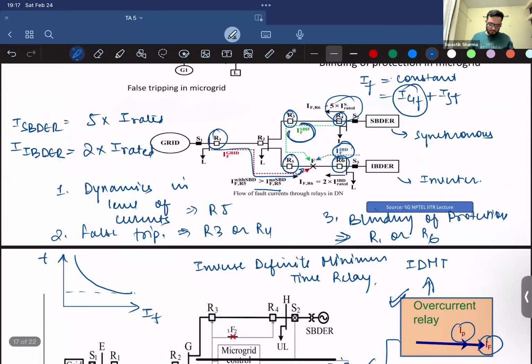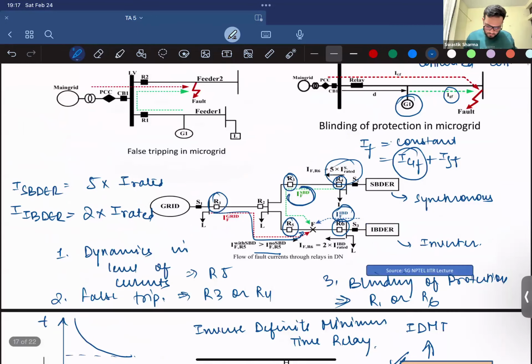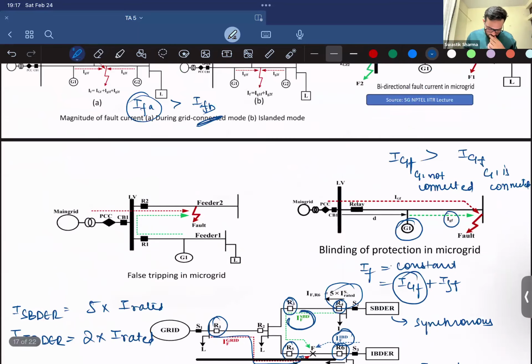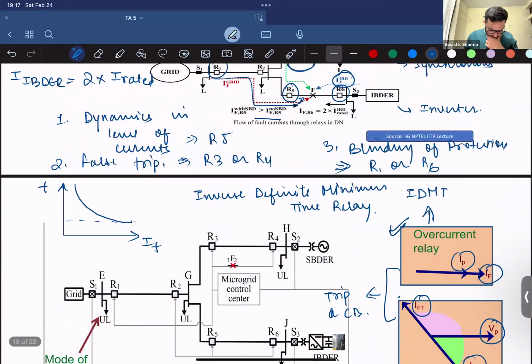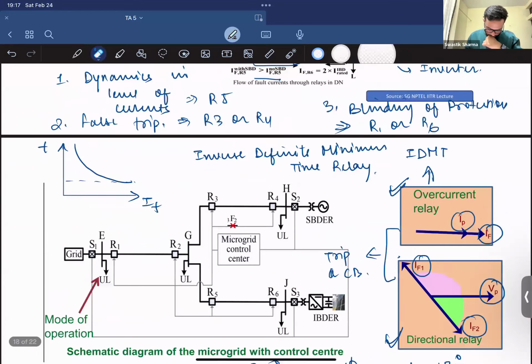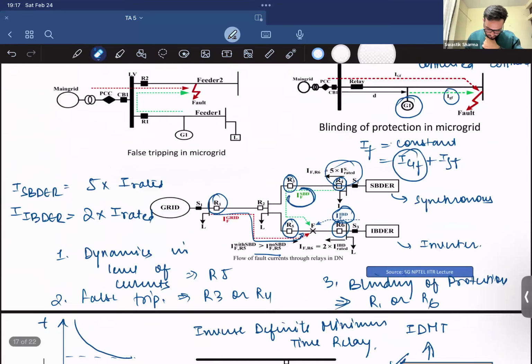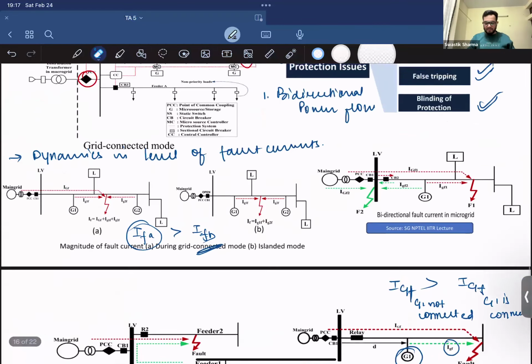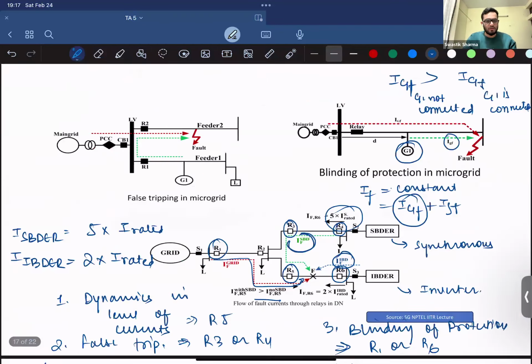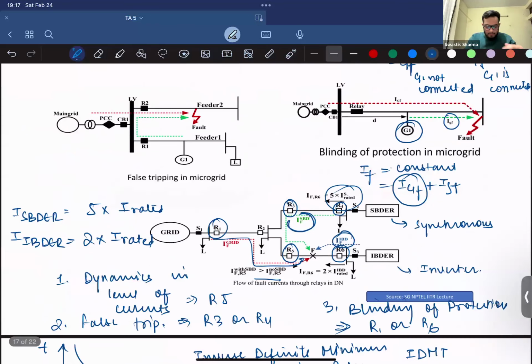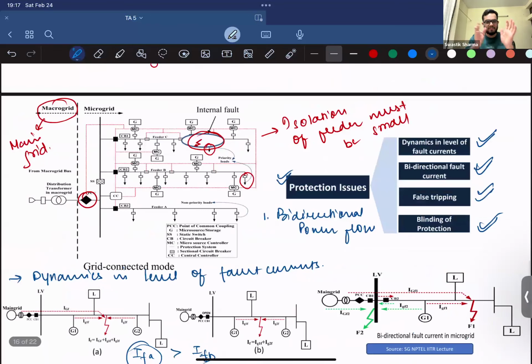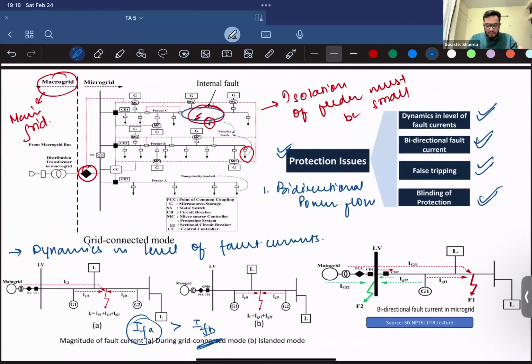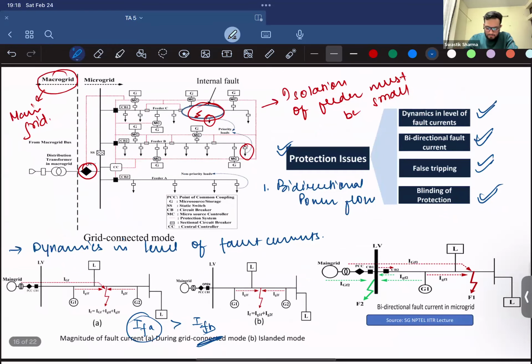Right? So since I have time, just a second. Do I have to discuss anything? Yeah. If anyone has doubts in these protection issues, let me know. I will be happy to address them. Did everyone follow the different types of faults and how they affect the protection equipment?